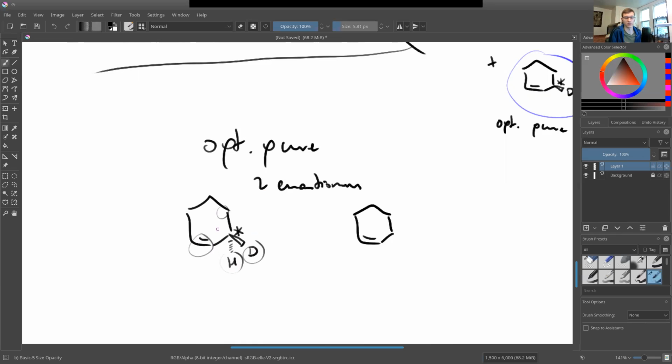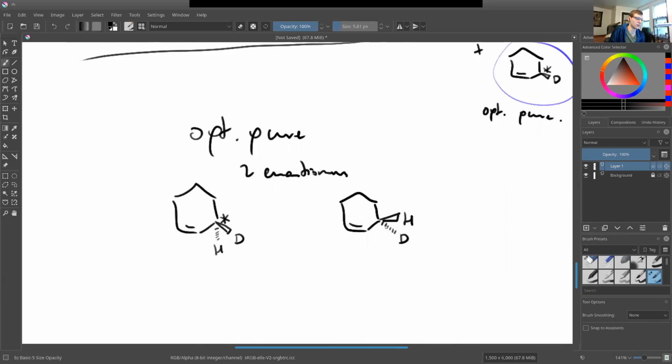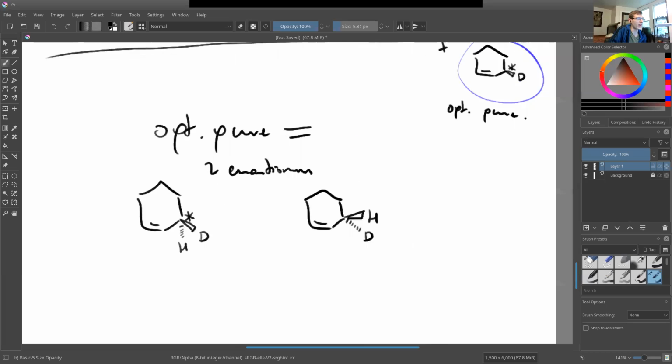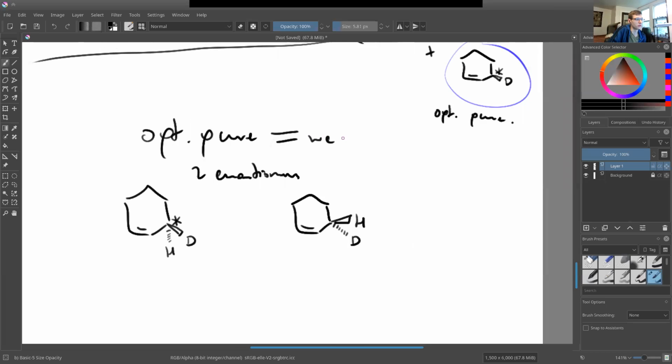So they count as 2 different substituents. So it's a chiral center, and we could draw the enantiomer too, which is just what we get from flipping any two of those substituents. And so optically pure means that we only have one of the two.